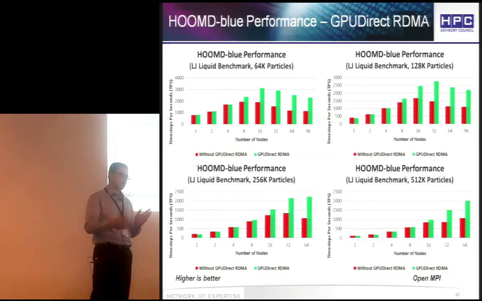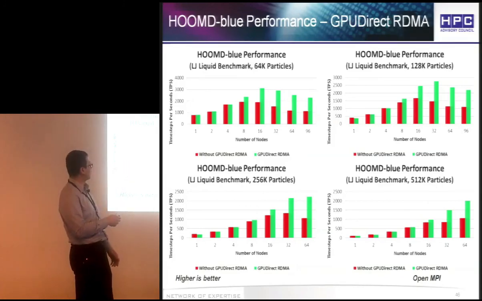The extra systems become node overhead. But in any case, we can see that if you have more and more systems, GPUDirect will always give you better benefits. I mean, better scalability at a higher node count.